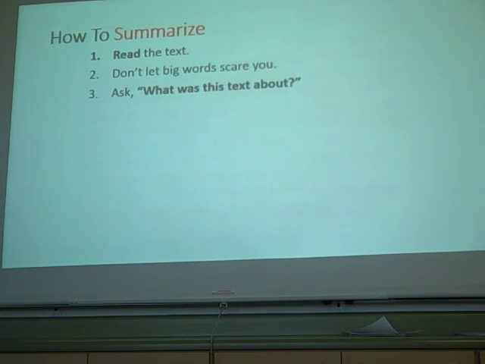While you're reading it, very often you can understand the main idea of those big words because of the context. But when you get to number 3, you ask yourself, what was this text about? If you cannot answer that, then maybe you need to go back and reread and maybe look up those words that were a little difficult.